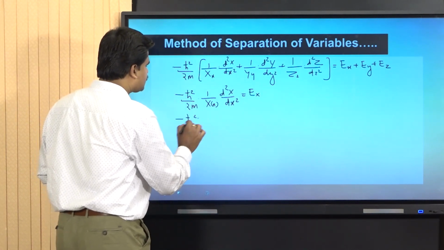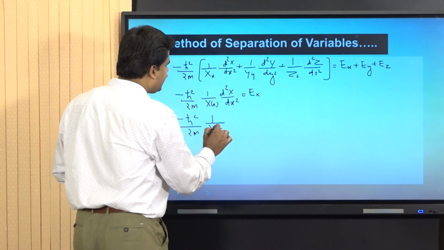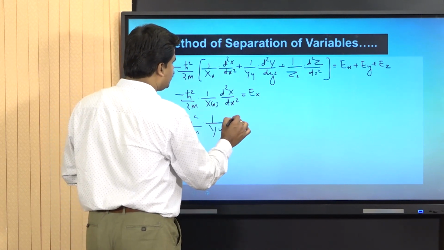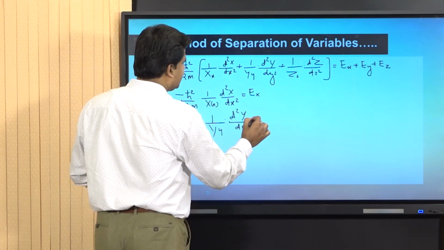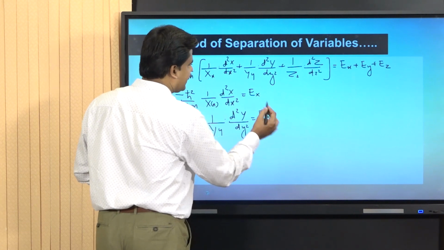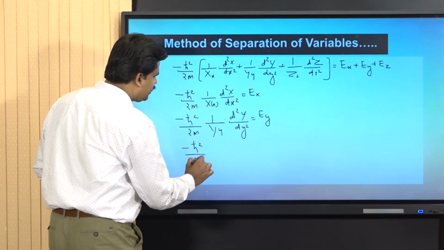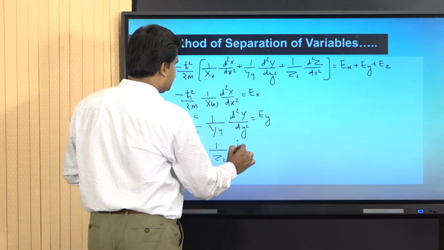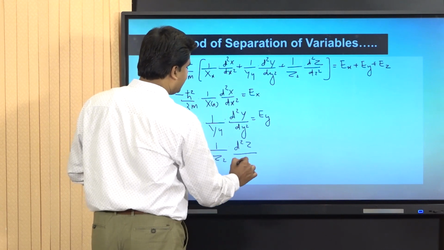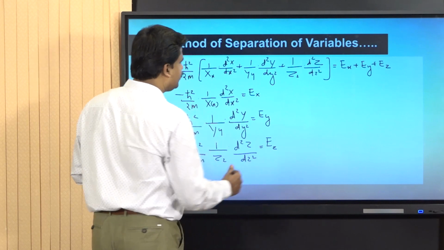Minus h cross square by 2m into 1 by Y of y into d square Y divided by dy square equal to energy along y direction, and finally minus h cross square by 2m into 1 by Z of z into d square Z divided by dz square equal to energy along z.